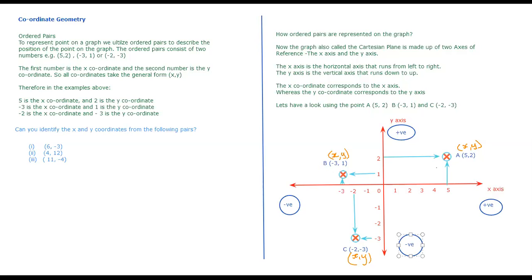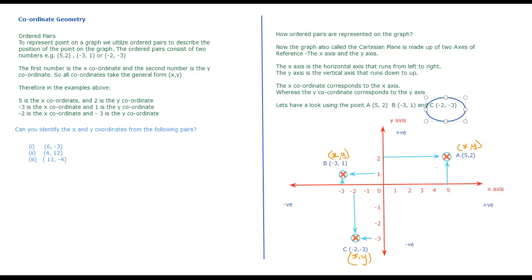So why is that important? It helps us if we know which quadrant a point lies in, what the values would most likely be. I'm using the same points from my previous example: A being (5, 2), B being (-3, 1), and C being (-2, -3), and we're going to plot those on the graph.